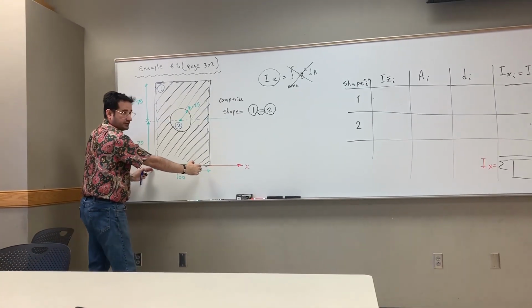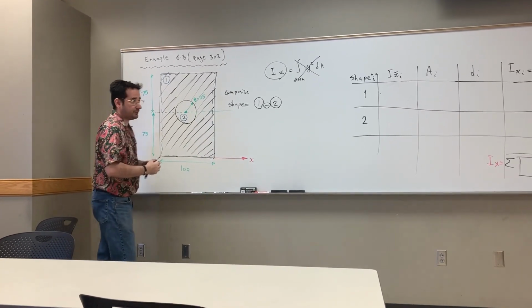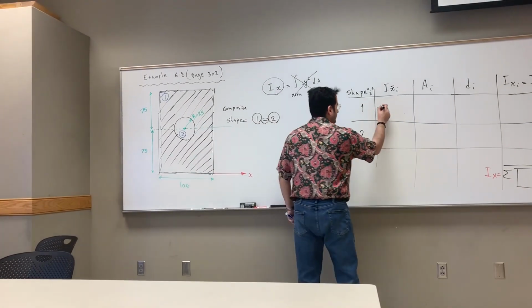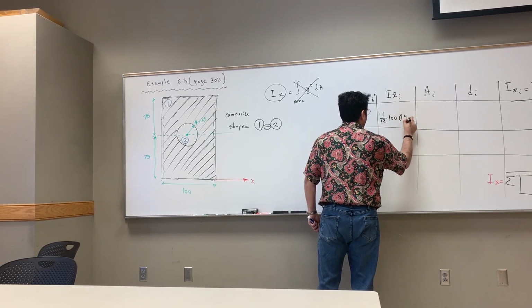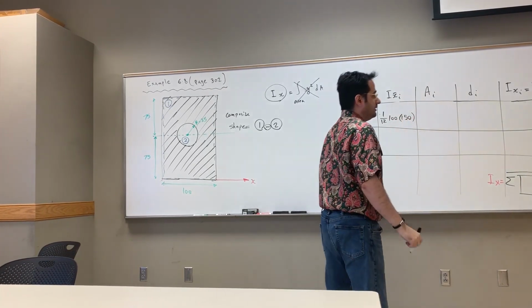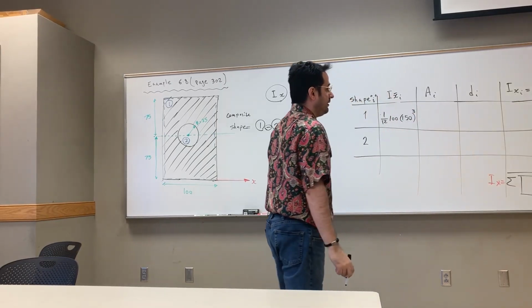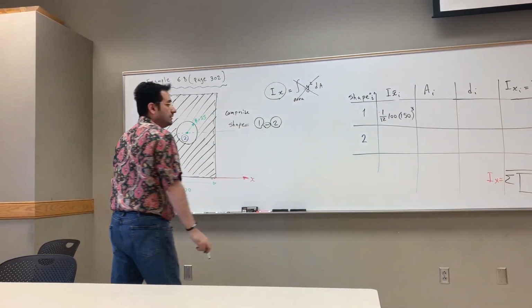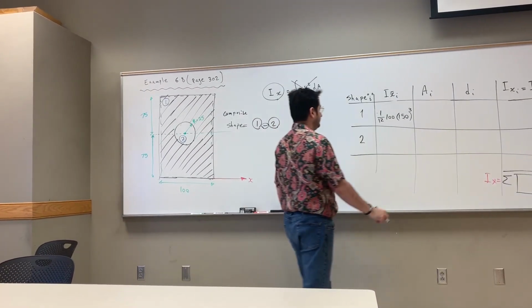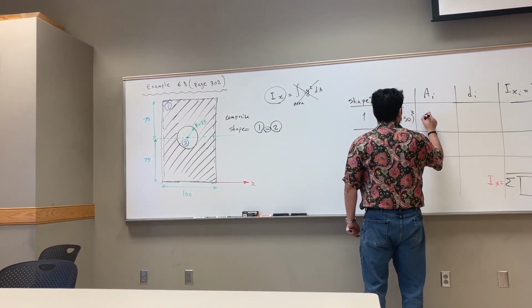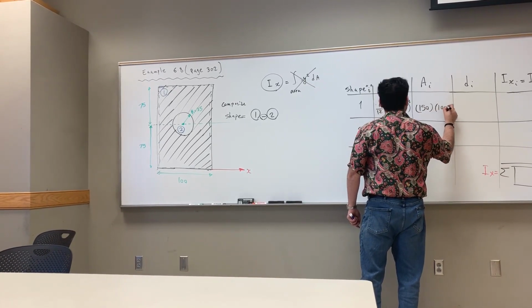My b is 100, h is 150, 75 plus 75, 150. So I put 1/12 times 100 times 150 to the third power. That's the first thing. The area is equal to 150 times 100.